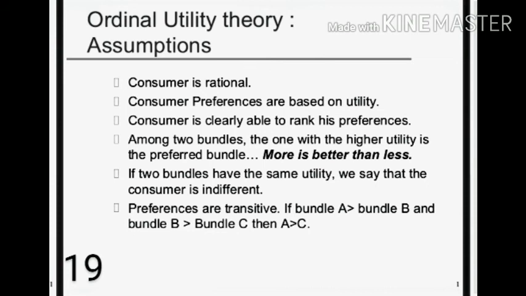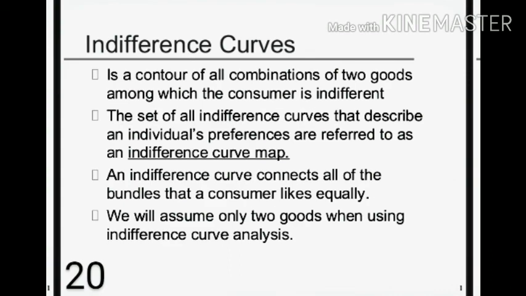If two bundles have the same utility, we say that the consumer is indifferent. Preferences are transitive: if bundle A equals bundle B and bundle B equals bundle C, then A is equal to C. An indifference curve is a contour of all combinations of two goods among which the consumer is indifferent.